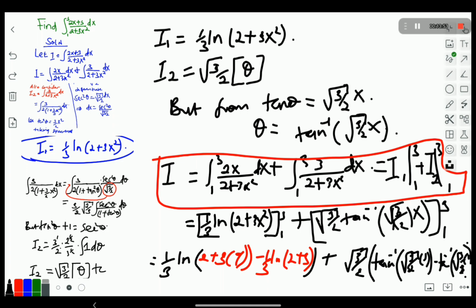So it can generally be simplified. Though we have substituted, the remaining part is just simplification.